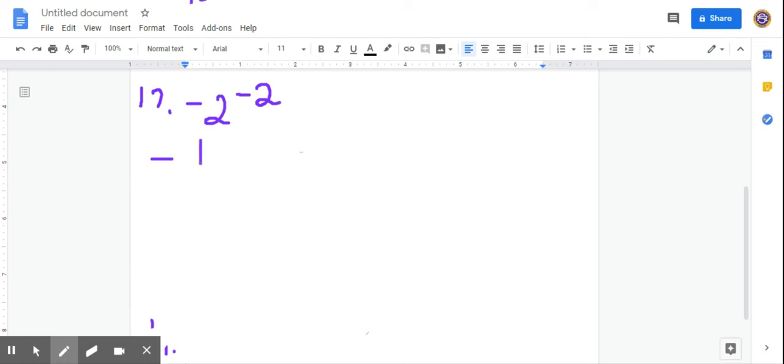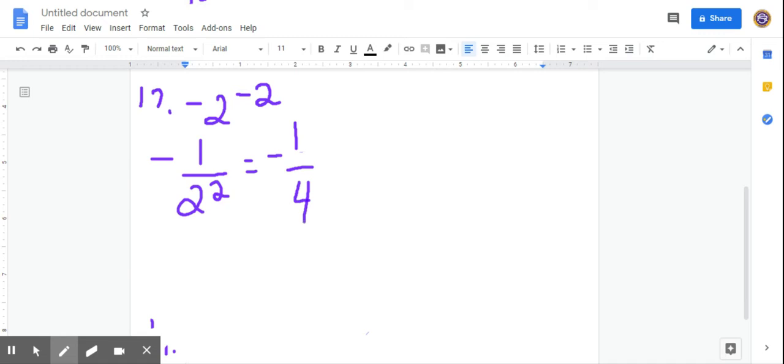And that's going to become 1 over 2 squared, which is negative 1/4. So you need to multiply negative 1/4 by its reciprocal for it to become positive 1. So you're going to need to multiply that by negative 4.